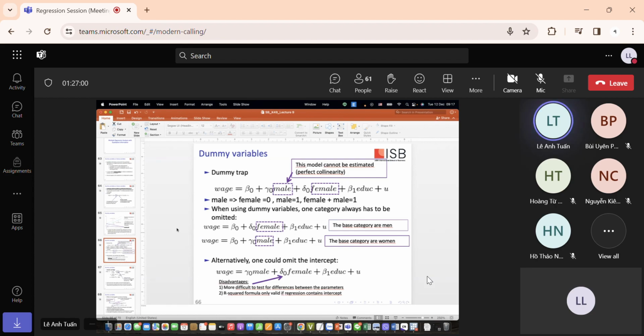Yeah, and remember, for the dummy variable we need to define the base group and the main group.